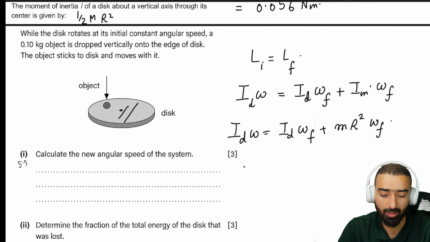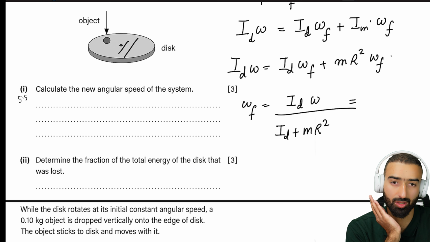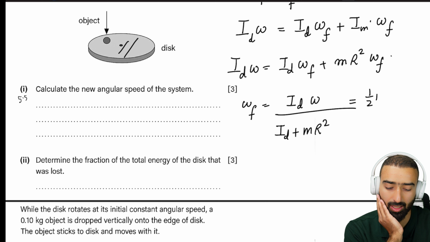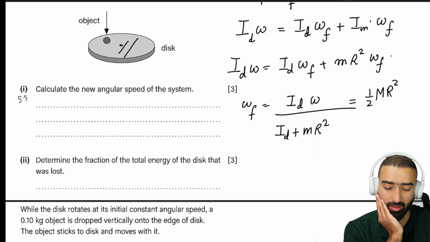Let's solve for omega final. We get I_d omega divided by I_d plus m r square, right? We know the moment of inertia of the disk. It's half capital M, where capital M stands for mass of the disk, r square omega divided by half M r square plus small m r square.